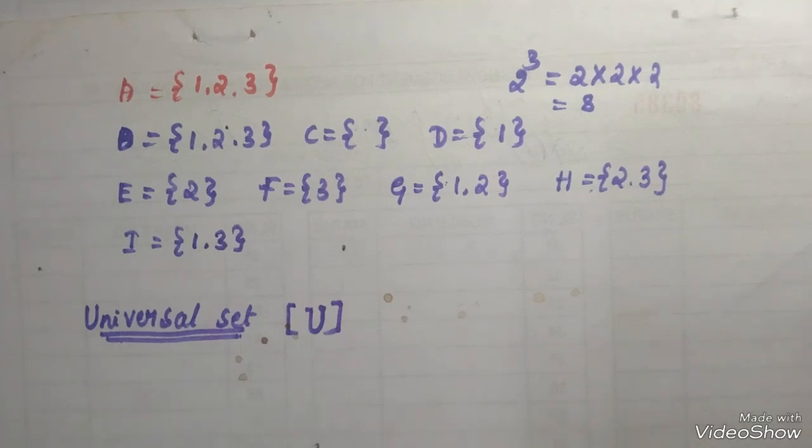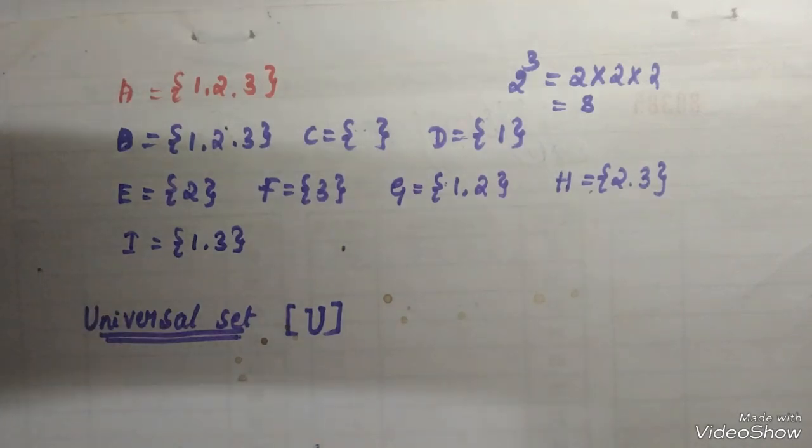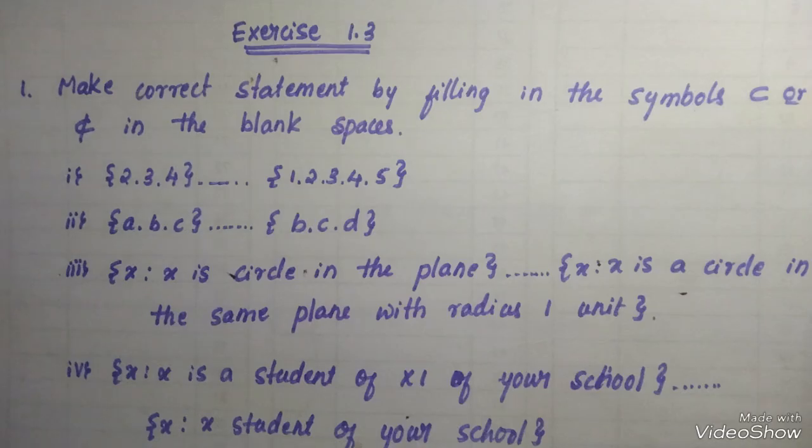Now we discuss the exercise problems on the topic subsets, power sets and intervals. Here we have to solve exercise 1.3 now. The first question is: make a correct statement by filling the symbols subset or not subset in the blank space.